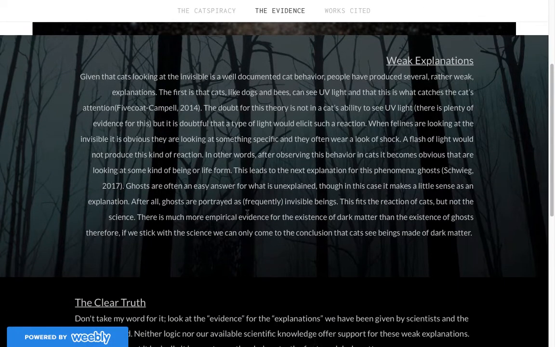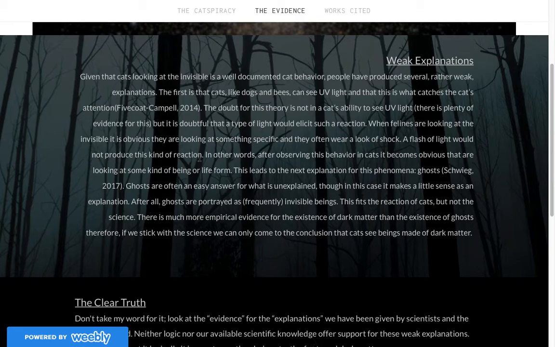All right, so moving on to the evidence. Weak explanation. This one also has a couple of logical fallacies going for it. To begin with, it really begs the question. It's making a lot of assumptions. It's asserting that felines must be looking at something humanoid, and that a flash of light would not produce this kind of reaction, for example.